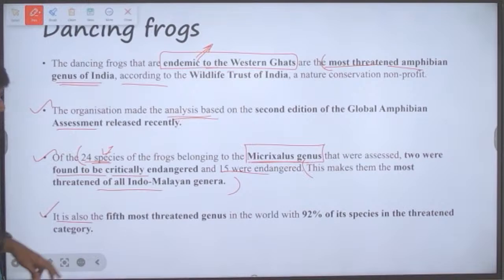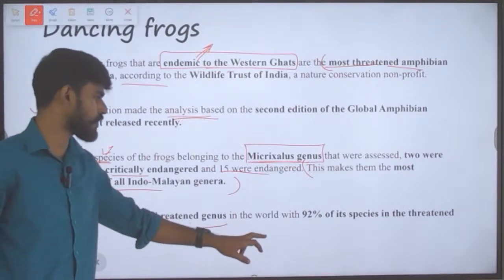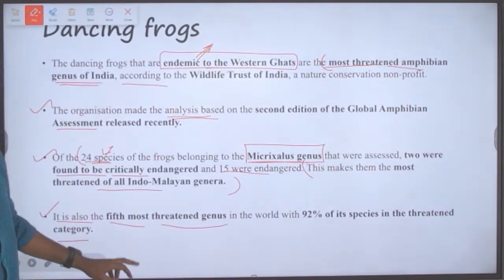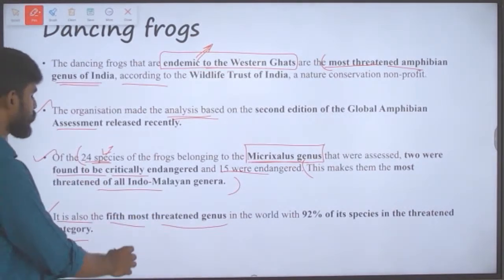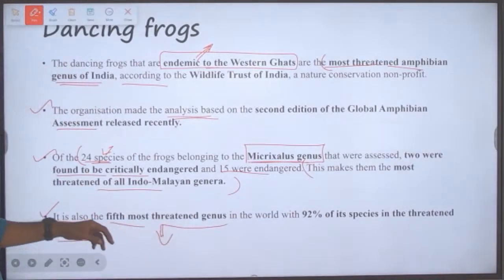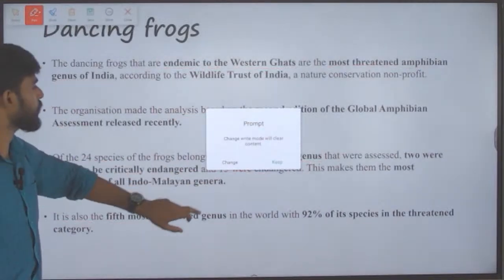It is also the fifth most threatened genus in the world, with 92% of its species in the threatened category. This is again important, and we also need to know this.